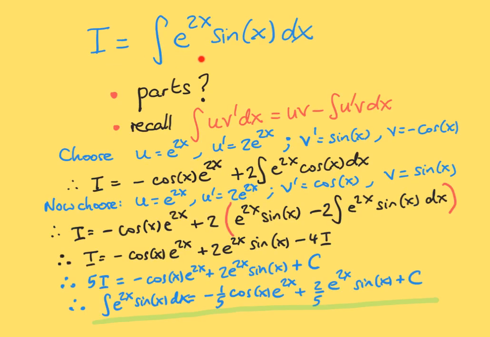Okay, so here is our integral, and when we look at it, I think it's fairly natural to use integration by parts. I don't see how anything like a substitution is going to help. So if you're going to use parts, it's very good practice to write out the integration by parts formula.